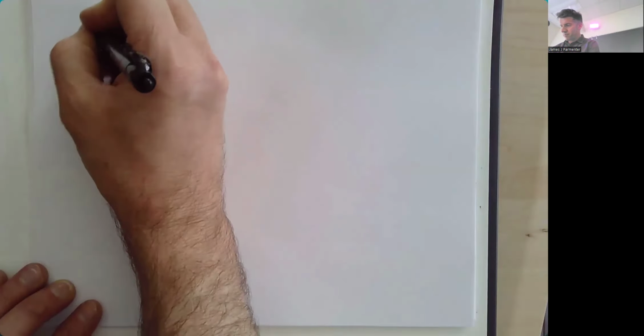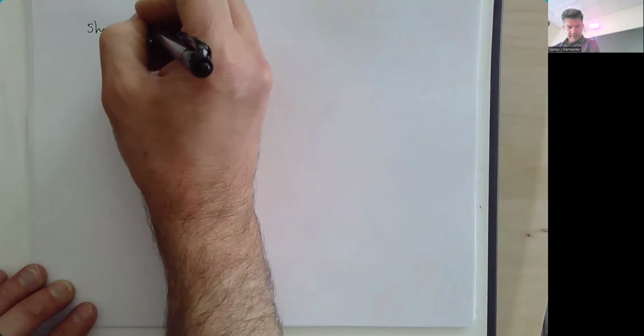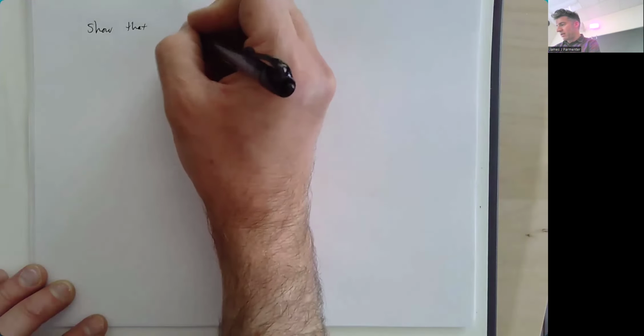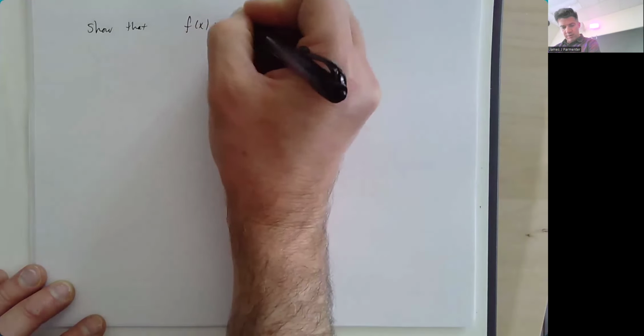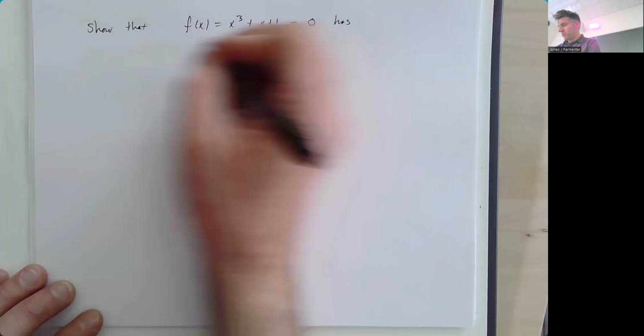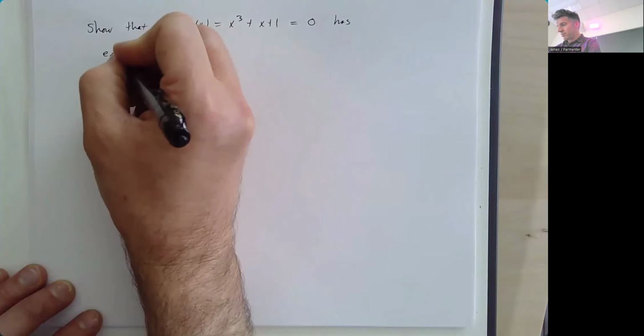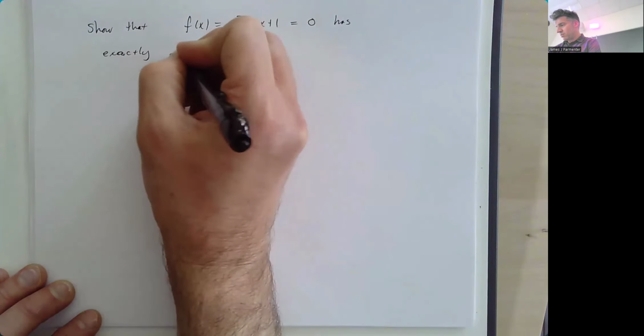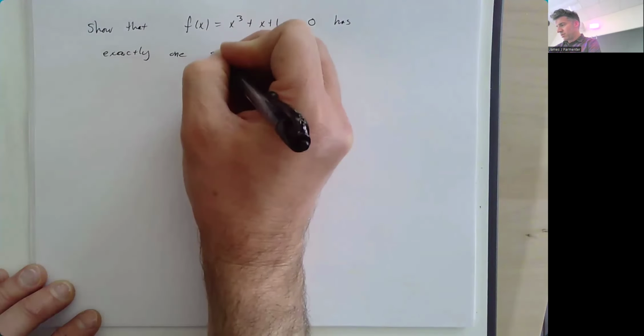So we're going to show that f of x equal to x cubed plus x plus 1 equal to 0 has exactly one solution in the interval from -1 to 0.